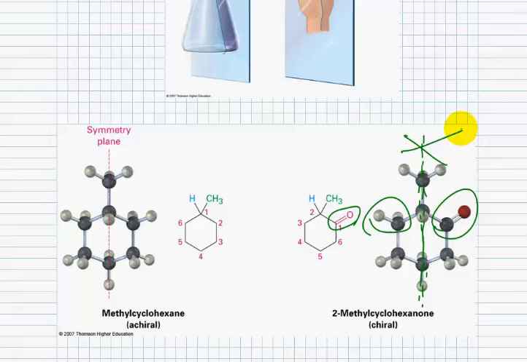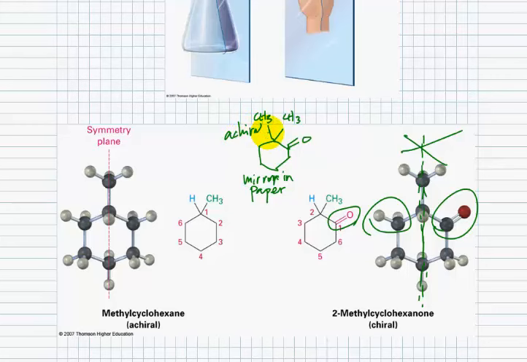If I did 2 methyl groups on that same carbon, I could make that achiral, CH3 and CH3, but now there would be a mirror plane in the paper where one methyl group would be coming forward, one would be going back, but they would be reflections of each other. So that molecule would be achiral.